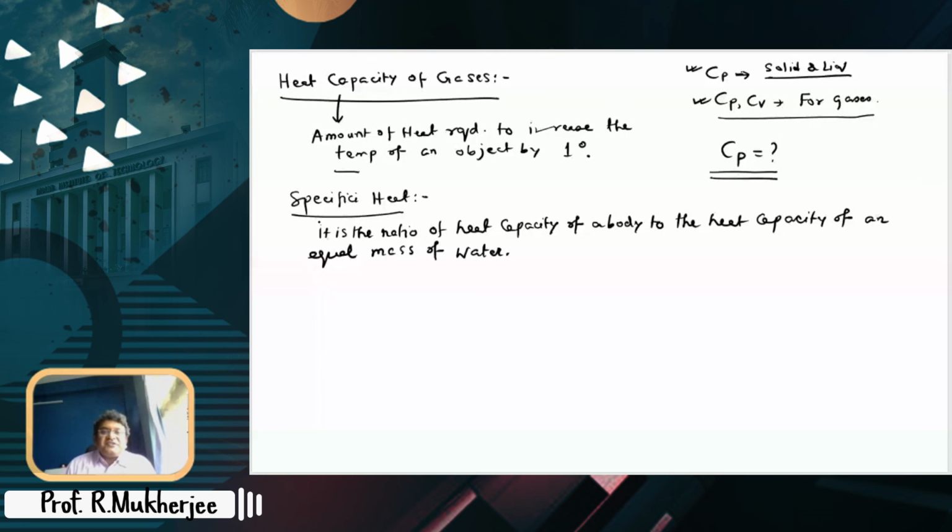This is the textbook definition of specific heat. And it is independent of any units. If you kindly look into the textbook that I have shared, this is what you will find.